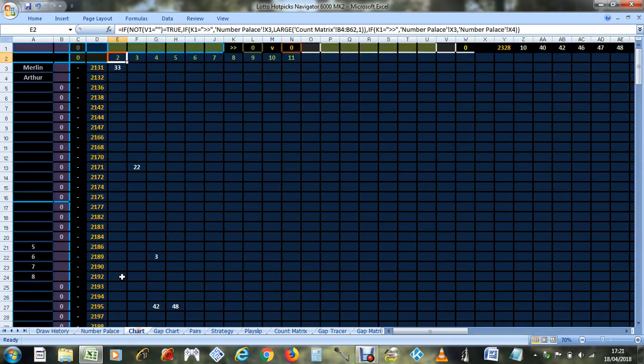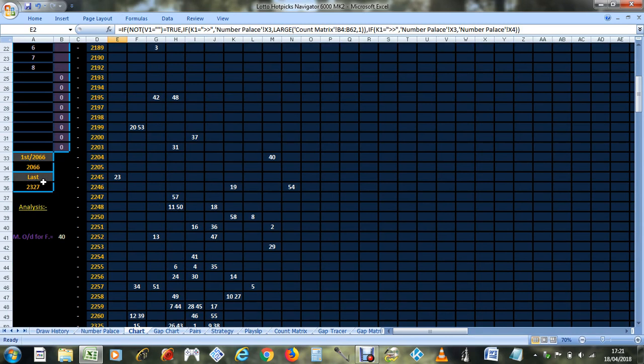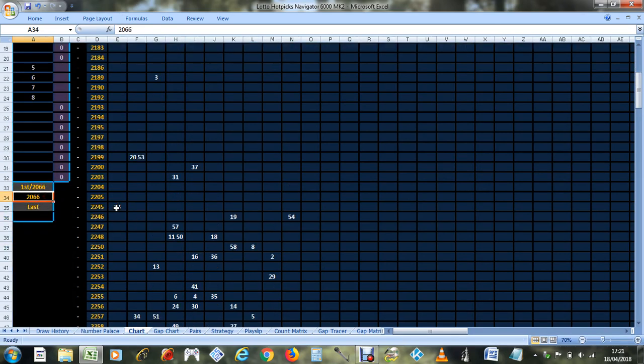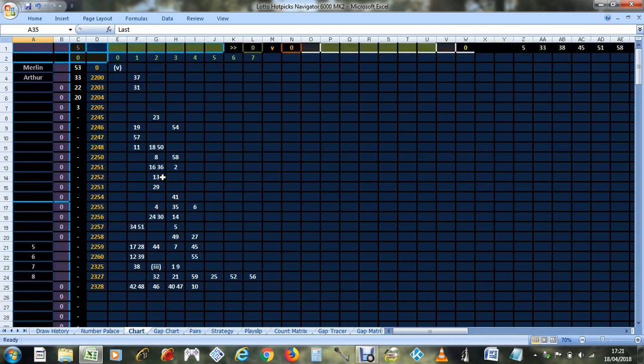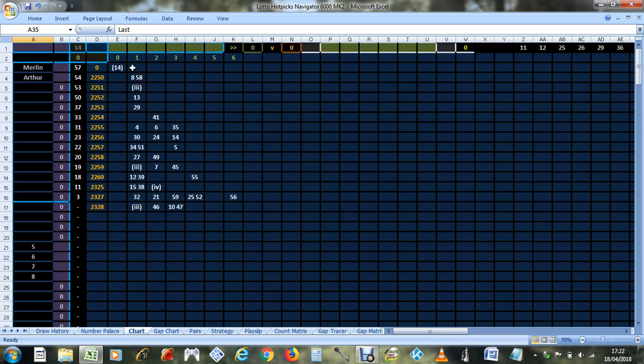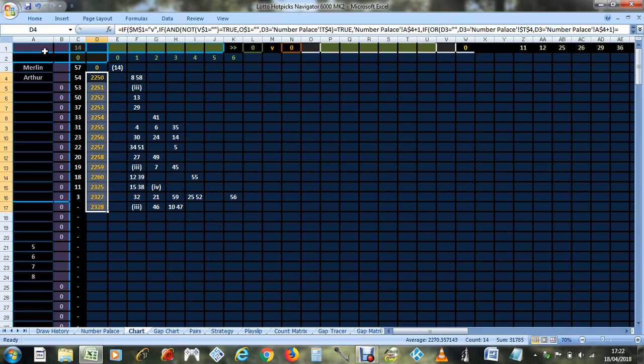Now what I'm going to show you is an actual chart where the numbers spread out. So you can see just how it works. So on this chart, for example, we've got 14 draws.